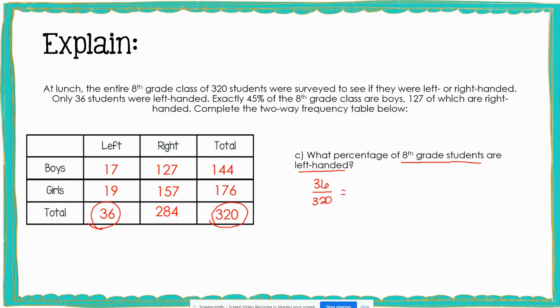Well, I'm going to put that in my calculator as 36 divided by 320, and that's going to give me 0.1125. Again, to change this into a percent, I would move this decimal 2 places to the right, and it's going to go between the 1 and the 2. That means that as a percent, this is 11.25%.